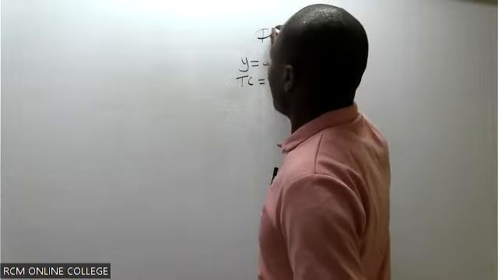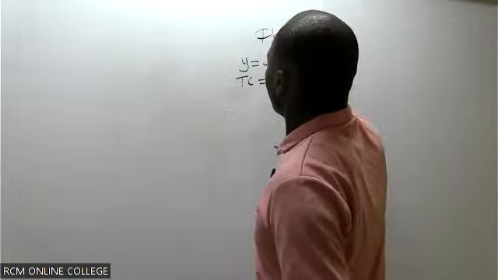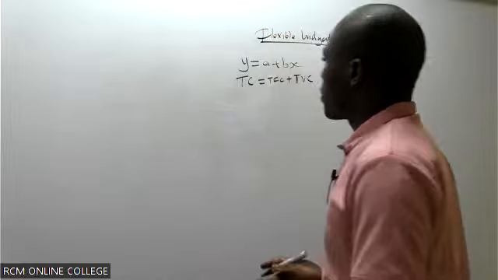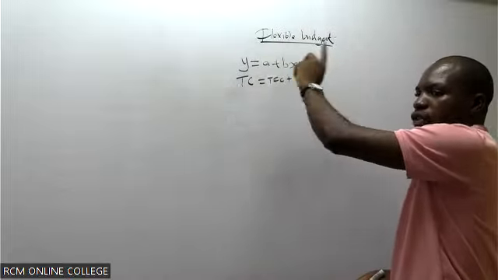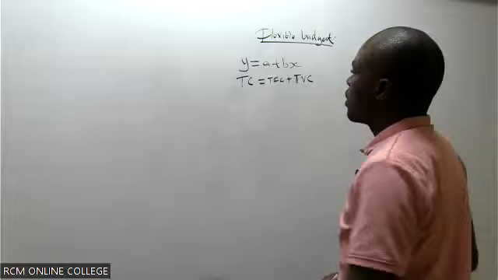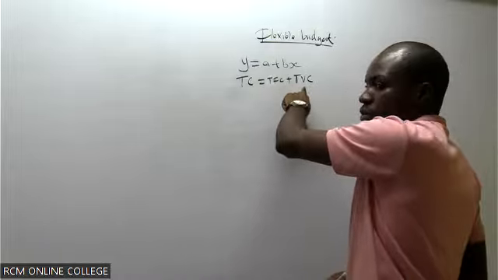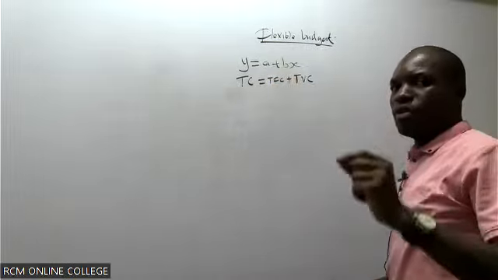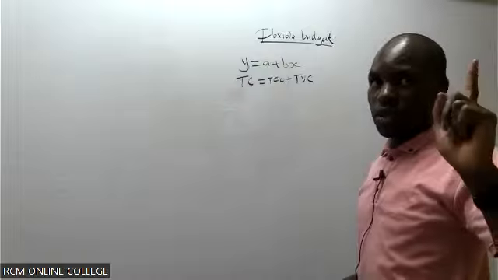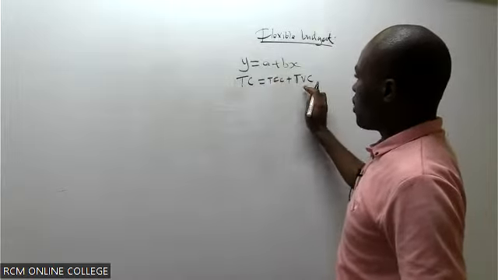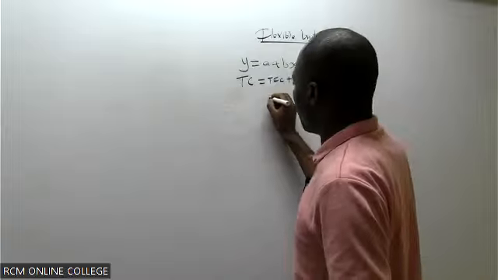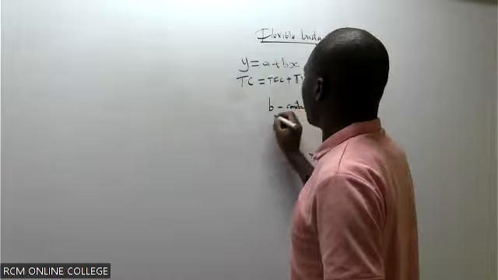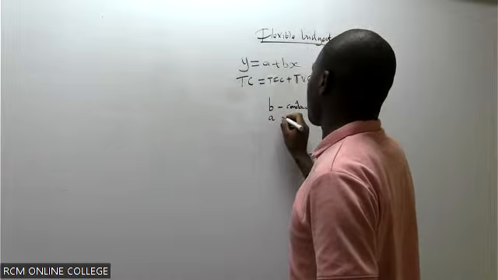When you are dealing with flexible budget, the only thing that is going to change is due to change in activity level, which will be affecting your total variable cost. But variable cost per unit is constant. Let us understand there: the value of b is constant. The value of a, which is total fixed cost, is constant.